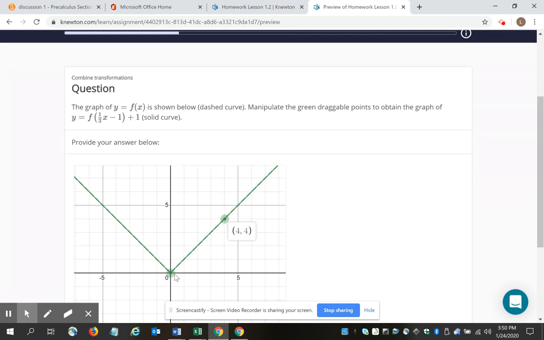So we go from the center, up 3, up 1, and right 3. Okay, and then we've got to stretch this particular thing, so you want to make it about 1/3 its height.